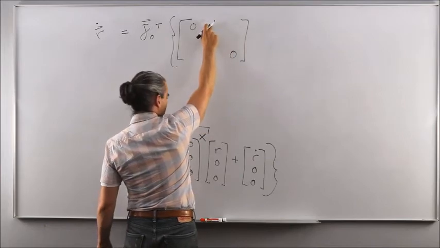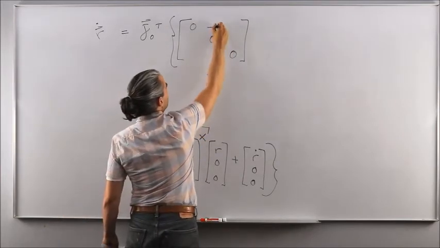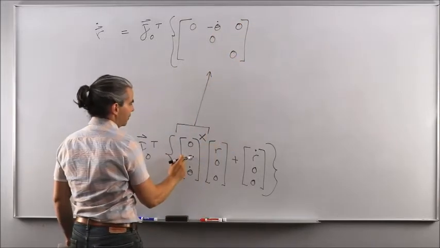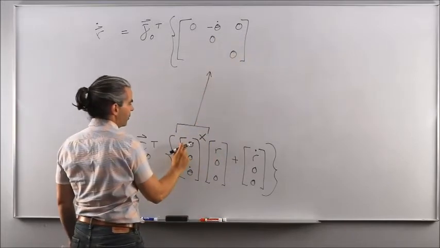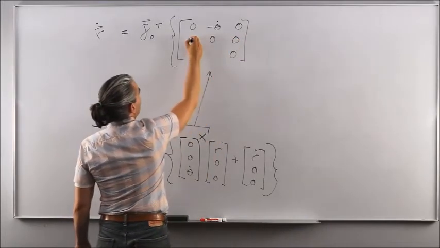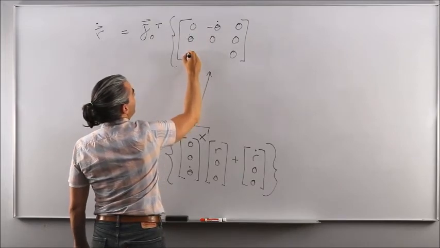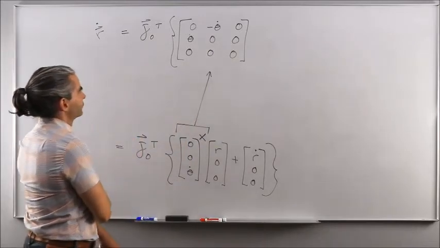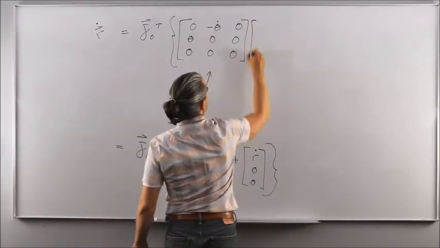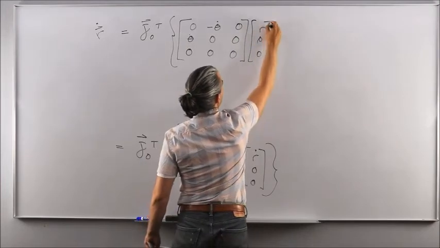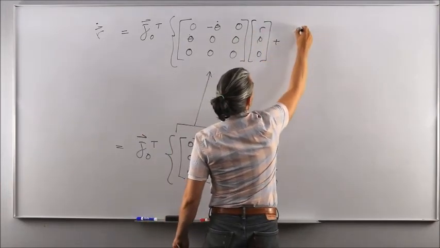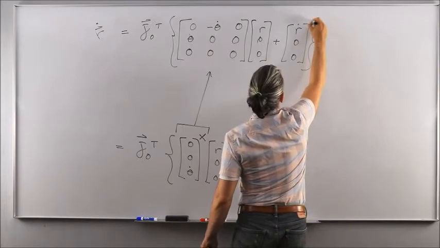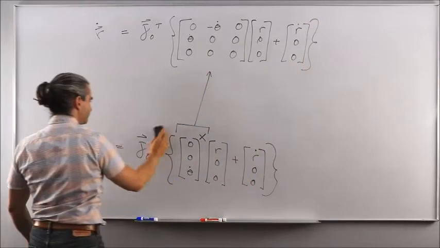Here you're plugging minus the z component, which is theta dot. Here you have the positive y component, which is 0. And here you have minus the x component, which is 0 again. And here this is positive z, negative y, positive x, like that. This multiplies then r, 0, 0 plus r dot, 0, 0. Good. Moving forward.